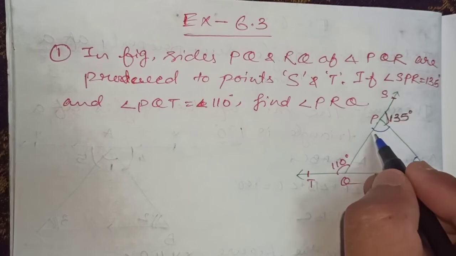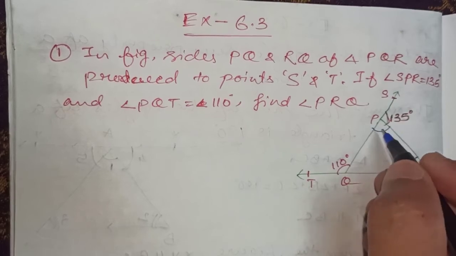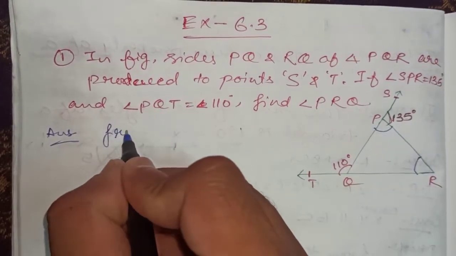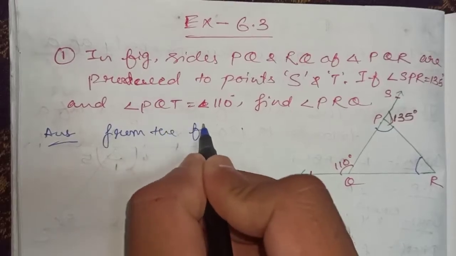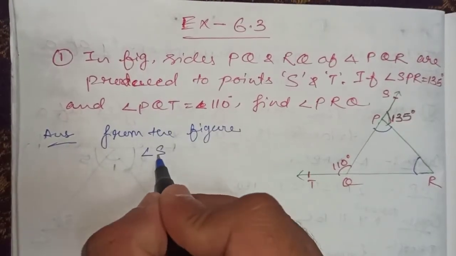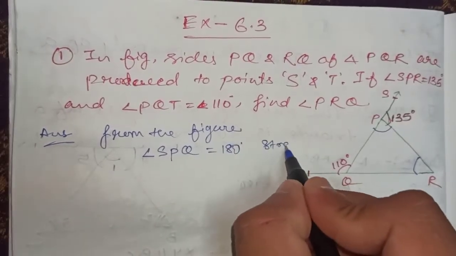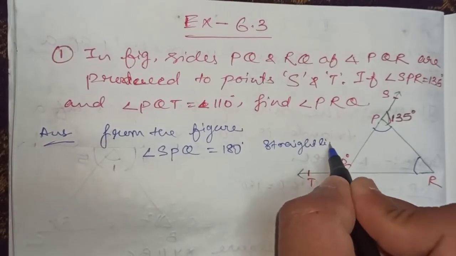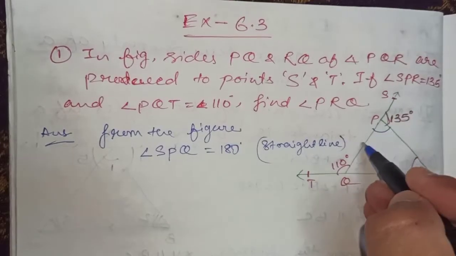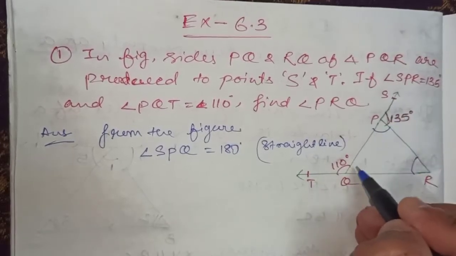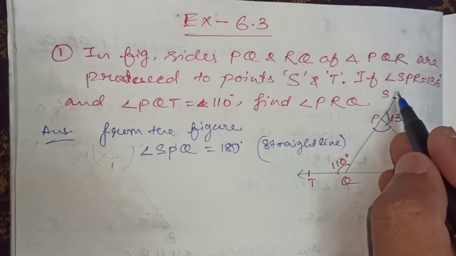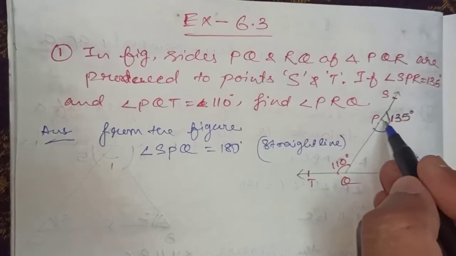Okay, so first of all we will find out the value of this angle. From the figure, angle SPQ is 180 degree. Why? It is a straight line. SPQ is cut into two parts, this and this.